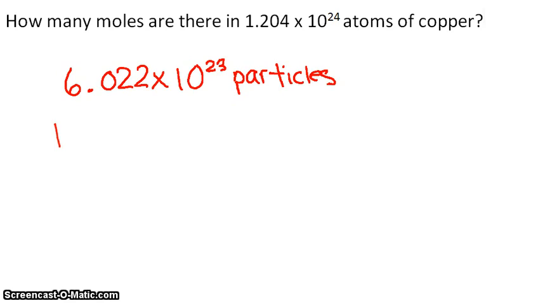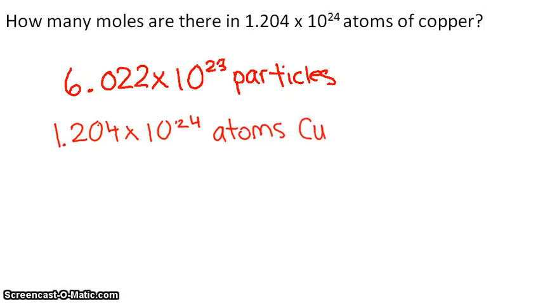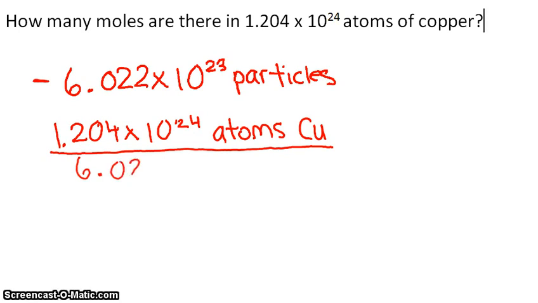So you have 1.204 times 10 to the 24 atoms of copper. And that you can divide by Avogadro's number, which is this. So divide by 6.022 times 10 to the 23.